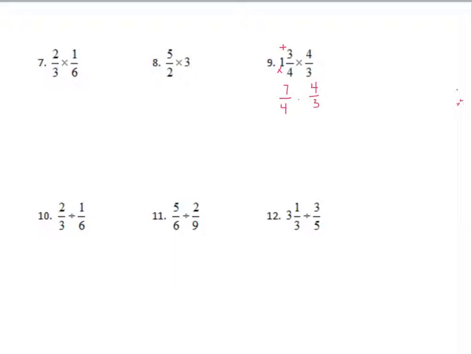4/3. Now, the rules of multiplication tell us we can simply multiply across the numerator, 7 times 4, 28, and then multiply the denominators, 4 times 3, 12. But you notice 28/12 can be reduced. So what makes multiplication a little bit easier sometimes is I can reduce before I multiply.